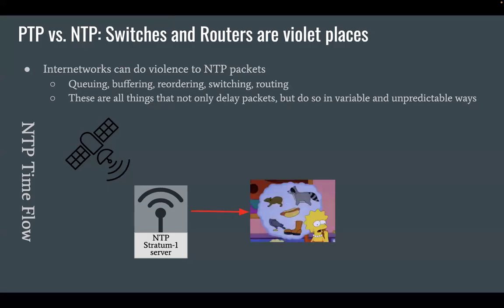We all think we know what goes on inside our networks, but like I said, networks do violent things to NTP packets, and the client receives the NTP packet and will become a Stratum 2, 3, or 4, depending on the number of NTP servers that these packets go through.